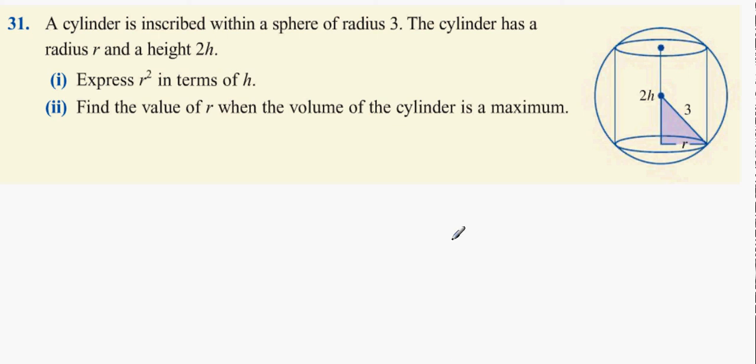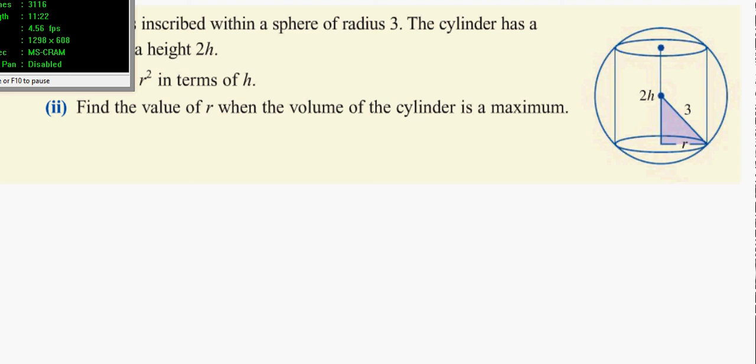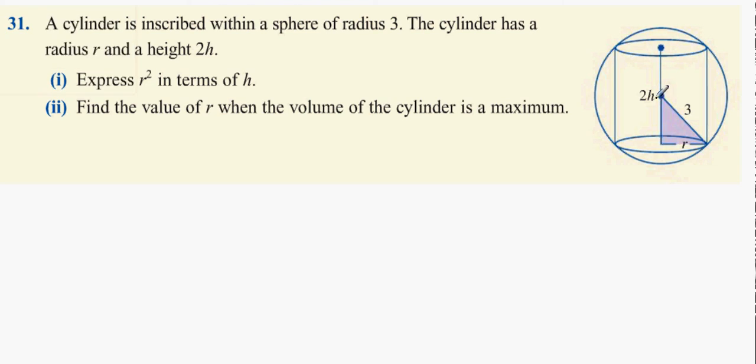So what we're going to decide here is that this is the center of the circle, which is pretty much the center of the cylinder as well. So this is going to be h. We have a right angle triangle. We have h squared equals 3 squared plus r squared.